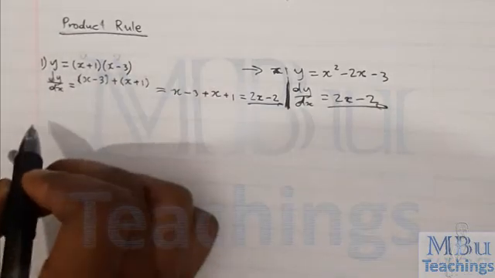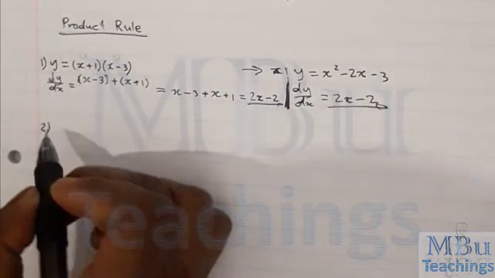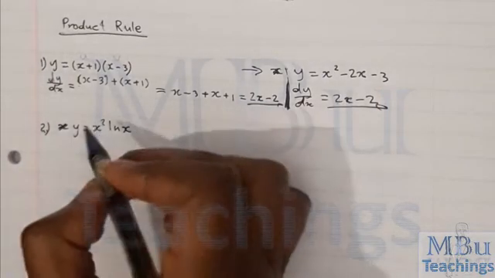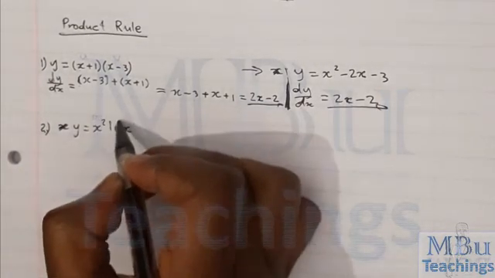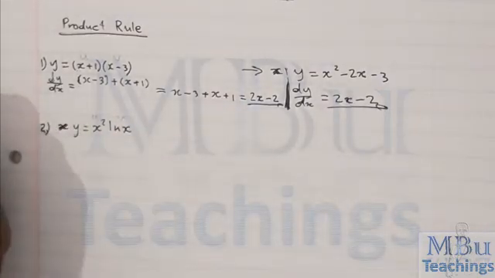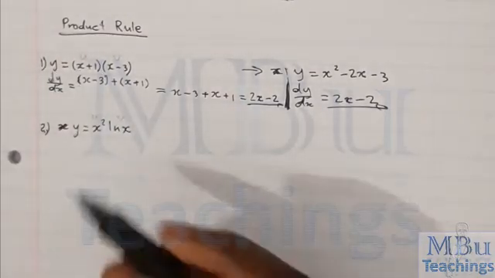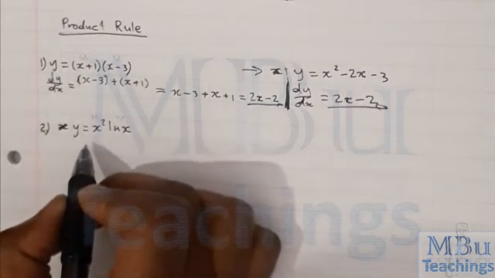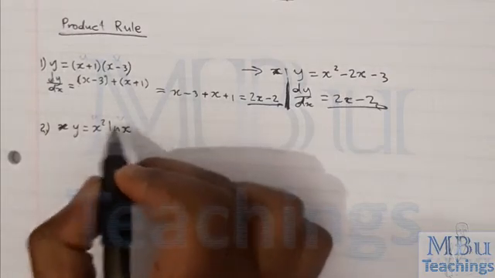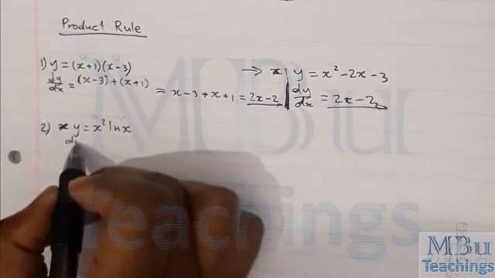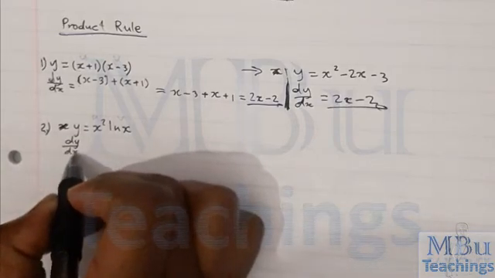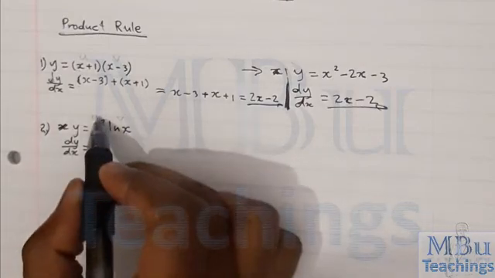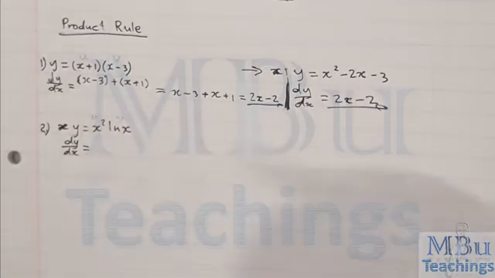Then let's move to the next one. This is what we have. So again, you can just say this is your u and that is your v, and then you start your process. Let us derive. There's nothing you can do. You can just go straight to dy over dx for this particular example. So let's derive u.